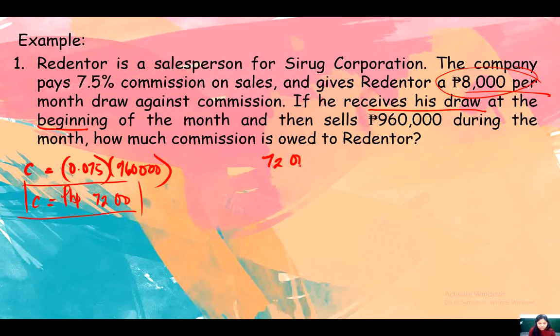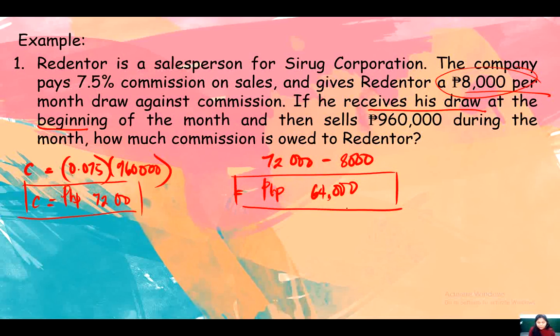Okay, kasi nga nakuha na niya eh. Na-advance na sa kanya, class. So, we have 64,000 pesos. Ito yung kanyang commission na makukuha. So, this is the commission owed to Renditor. Kasi nai-advance na sa kanya yung 8,000.